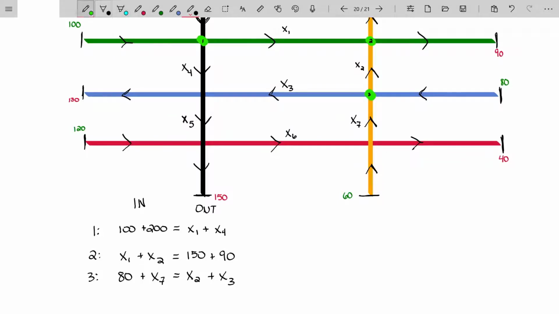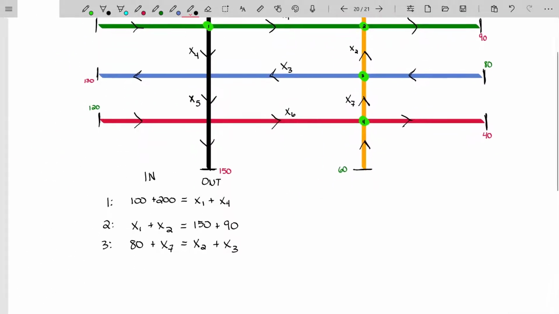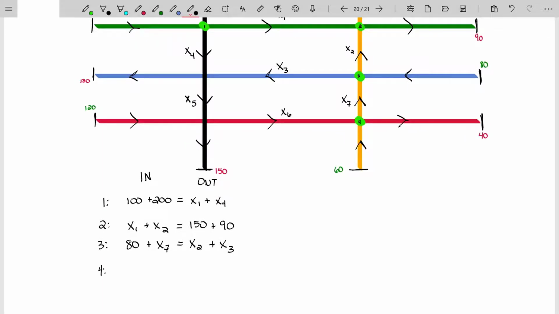And you continue this process. So, intersection 4. Let's go ahead and do that. Okay. At intersection 4, we have inflowing 60 and X sub 6. And outgoing, we have X sub 7 and 40.